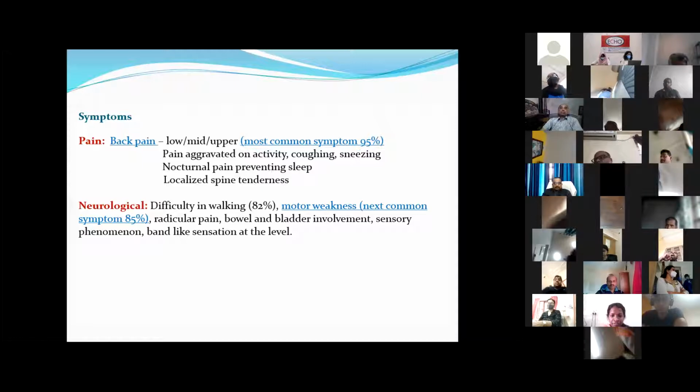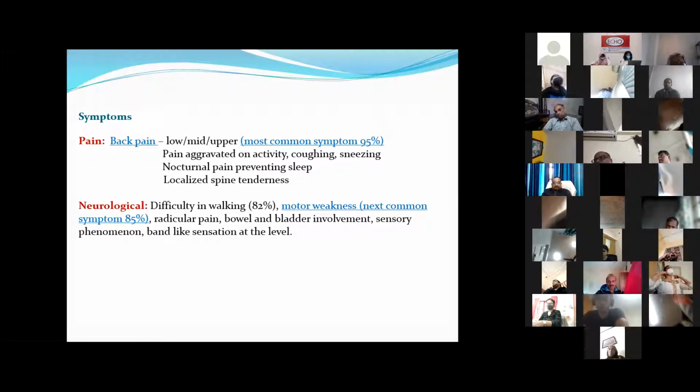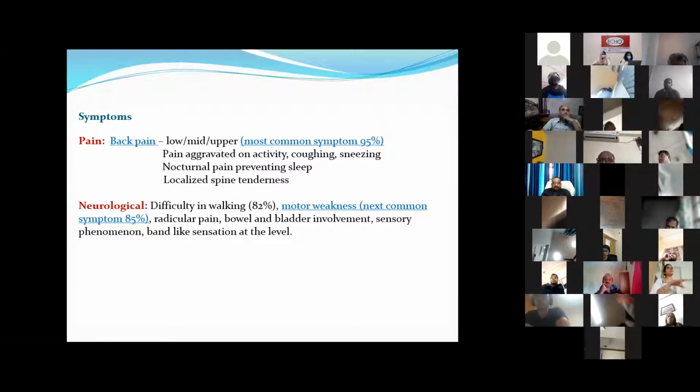In most patients, after the pain, the second most common finding is neurological deficit. In 95% of cases, patients will present with back pain, and in 82% to 85%, quite common, they will present with a neurological deficit along with a component of neuropathic pain. That might be regular radicular pain or radiating pain.